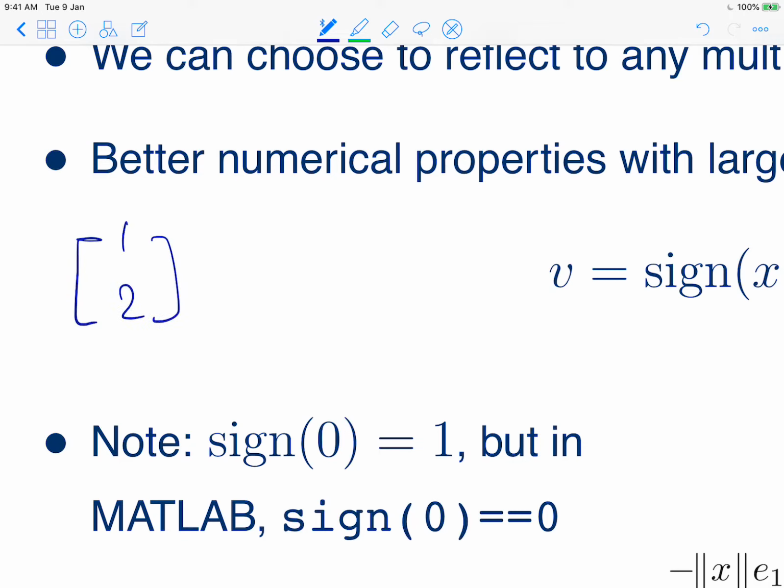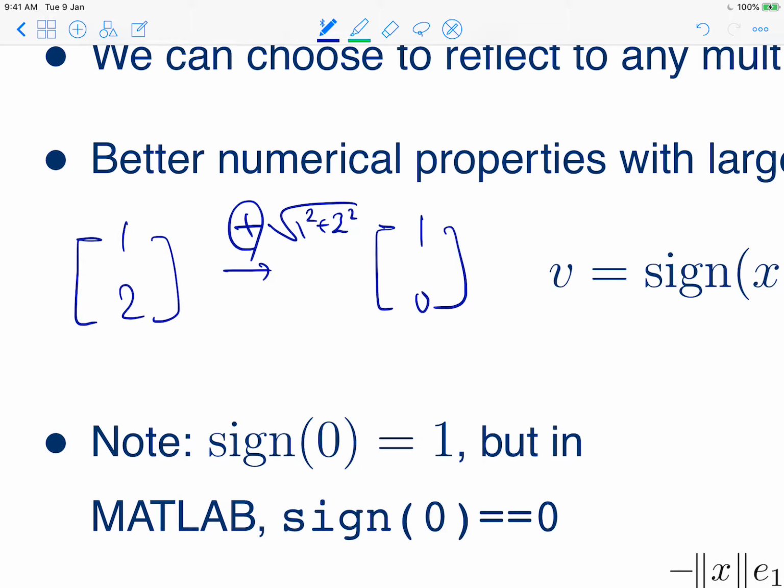If our vector is 1, 2, we change it into this form, and we just choose a plus sign as the result of the reflection.